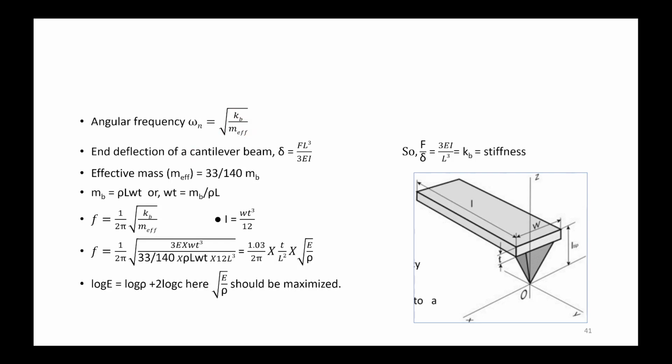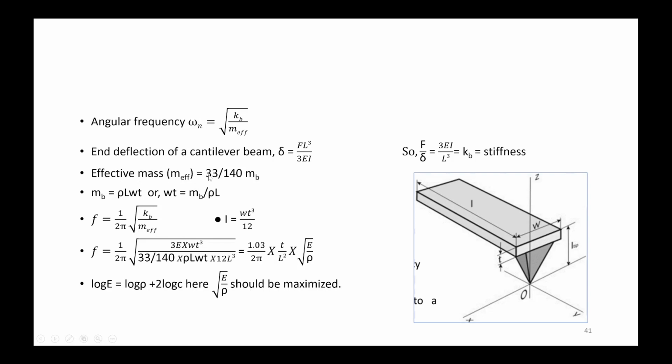Here kb is stiffness, m effective is effective mass. So end deflection of a cantilever beam is delta, which is F L cube upon 3EI, and F upon delta will be equal to 3EI upon L cube. This part is known as stiffness kb. So we'll be putting this value in this equation.